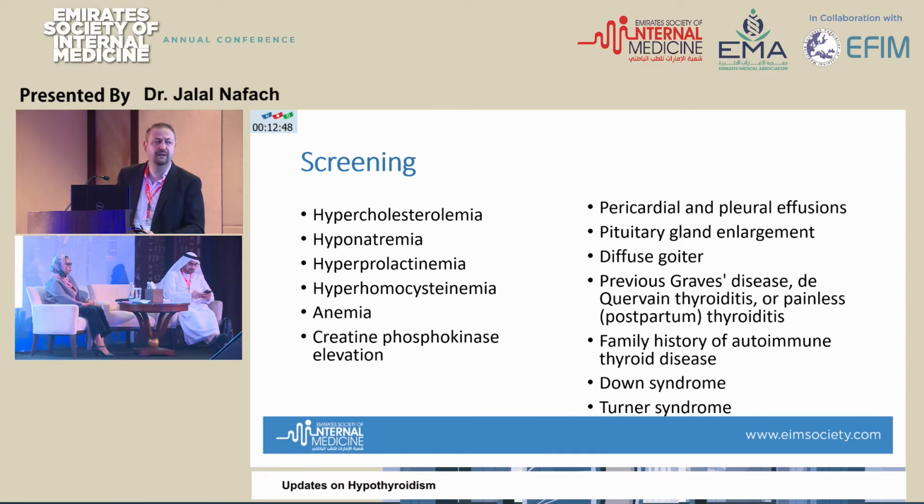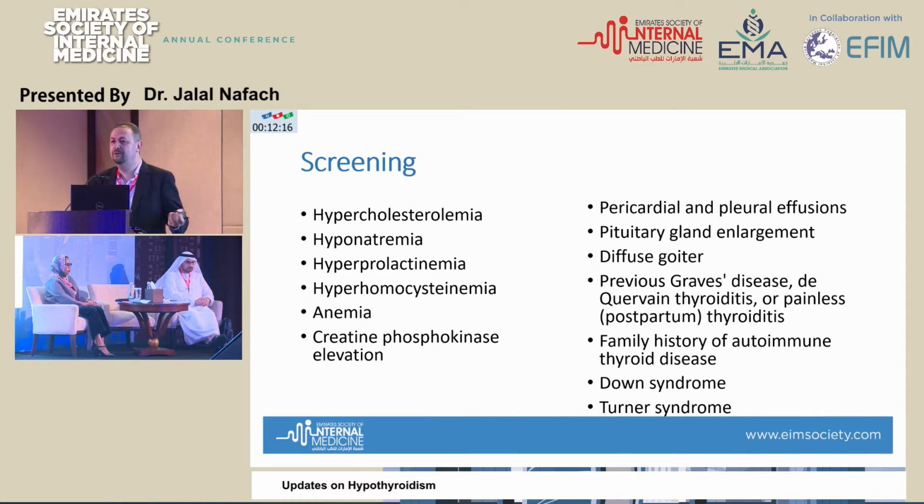Of course, hyponatremia is one of the things you look at. Anemia, you look at. Anybody with multiple autoimmune diseases, you have to think about it because they have a higher chance of having autoimmune thyroid disease. Family history is very important. If a woman with underactive thyroid has delivered a girl, her girl will have almost a 50% chance of having low thyroid at some point in her life.